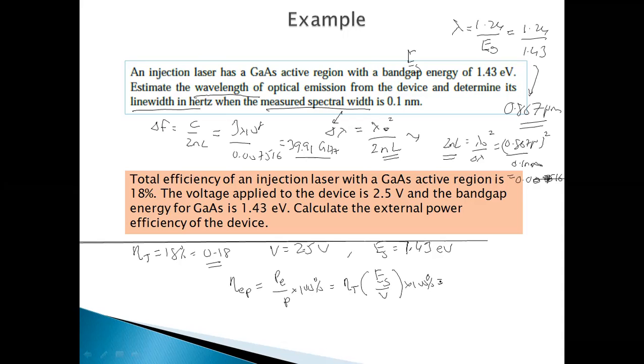So by calculating these values, you have 0.18, which is the total efficiency of the laser, multiplied by EG, which is 1.43, divided by the voltage supplied to the laser, which is 2.5 volt, times 100%. So it is equal to 10.2% external power efficiency.